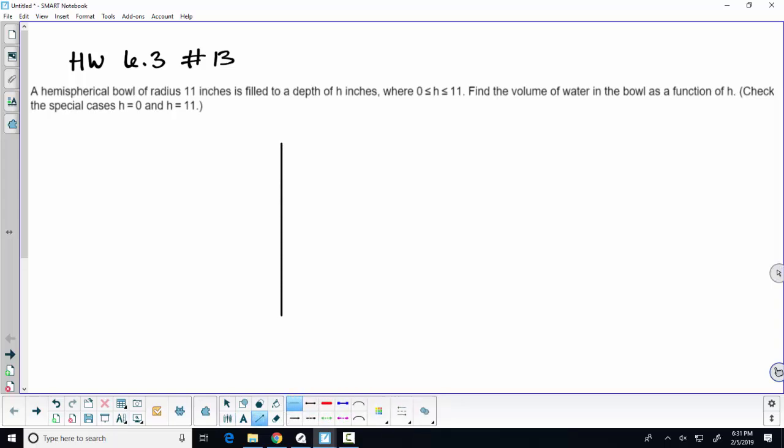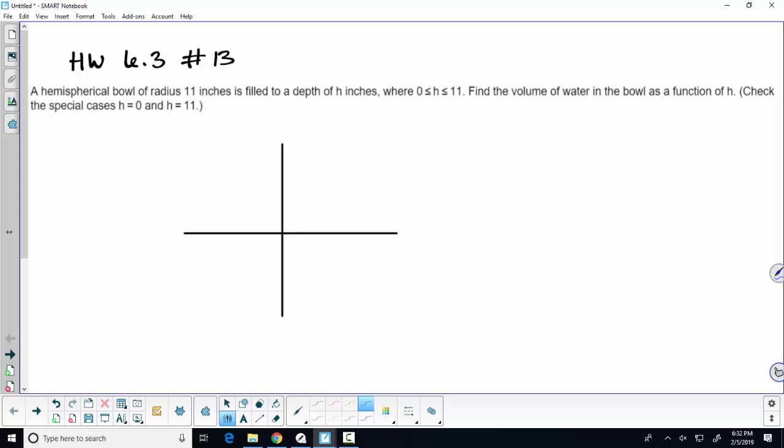We've got a hemispherical bowl, half of a circle, half of a sphere, radius 11, filled to a depth of h inches, where h is between and including 0 and 11. Find the volume of water in the bowl as a function of its depth, h.